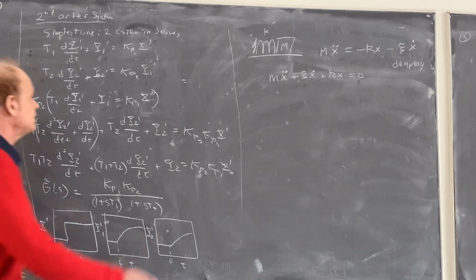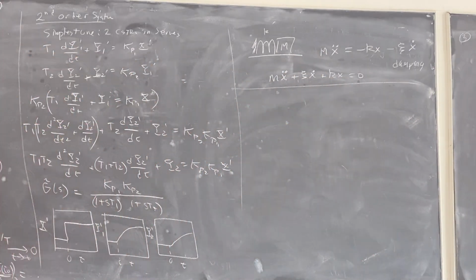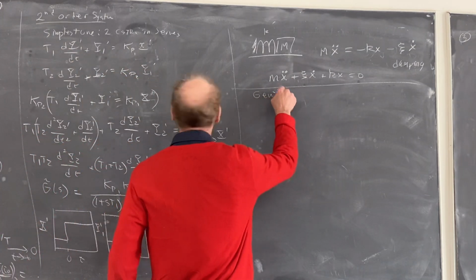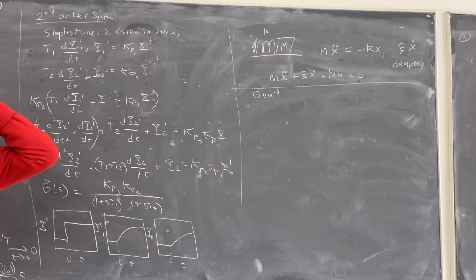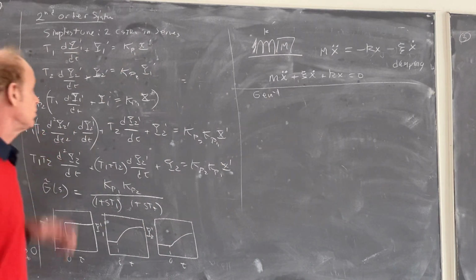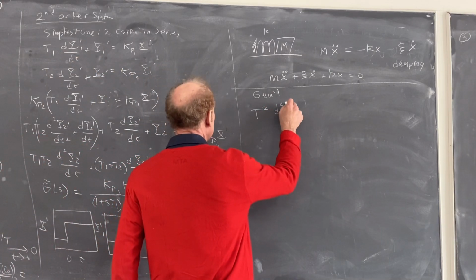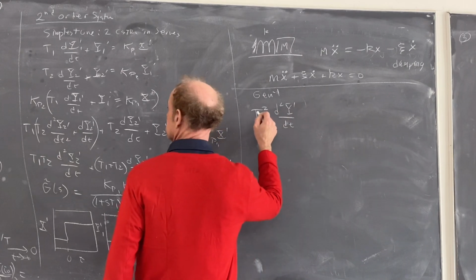Okay, well, motivated by this, let's write out what we would call a general second order system, not restricted to coming from two CSTRs in series or two first order systems in series. So I can write a general one as tau squared d squared y dt squared, I'm using tau squared, right?